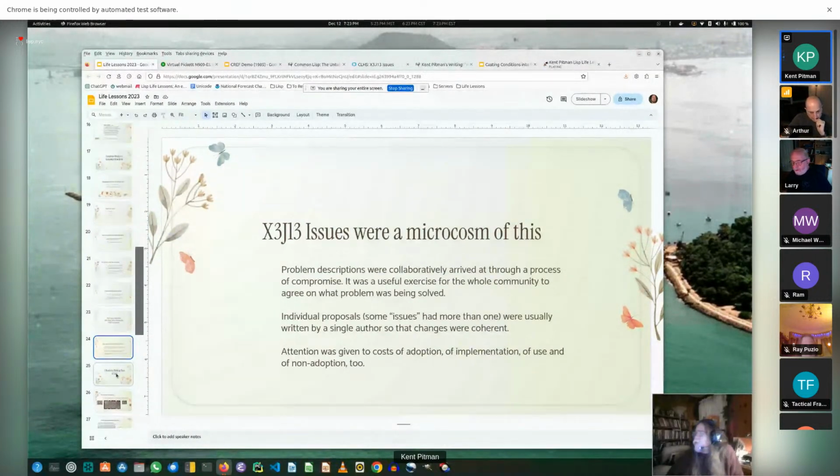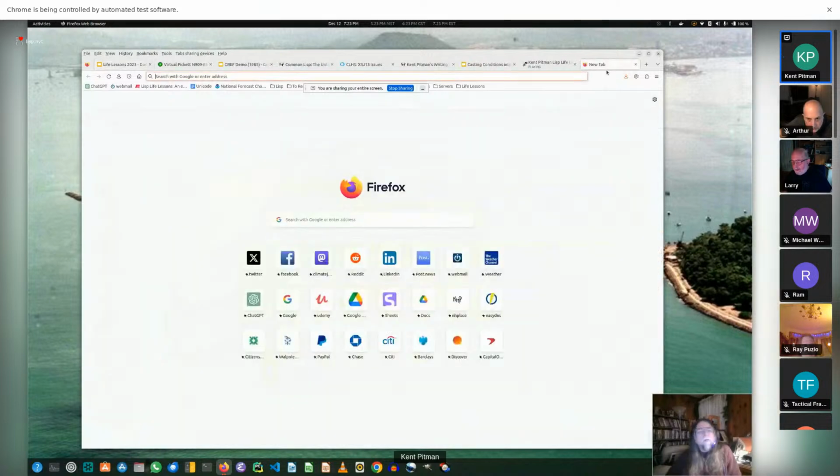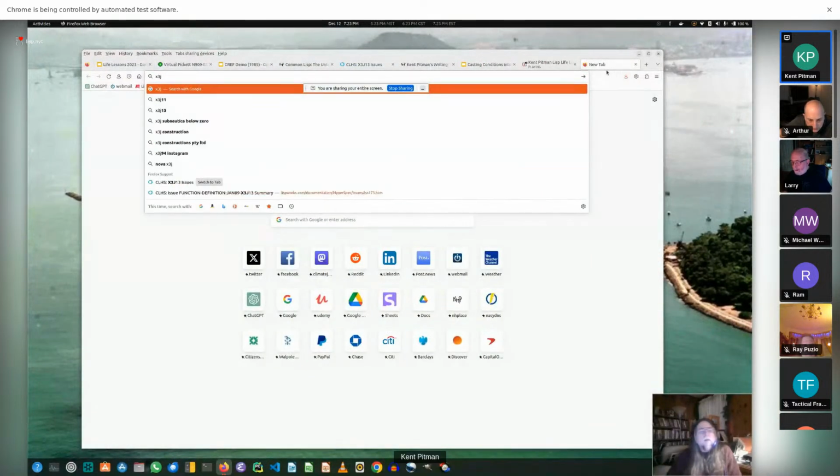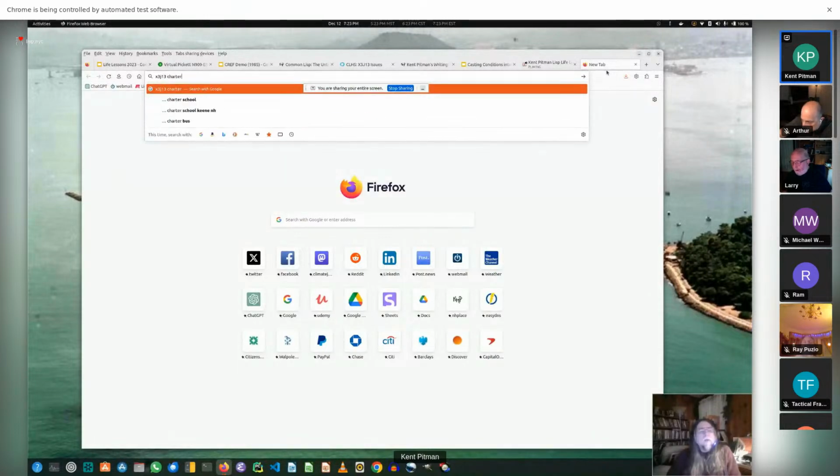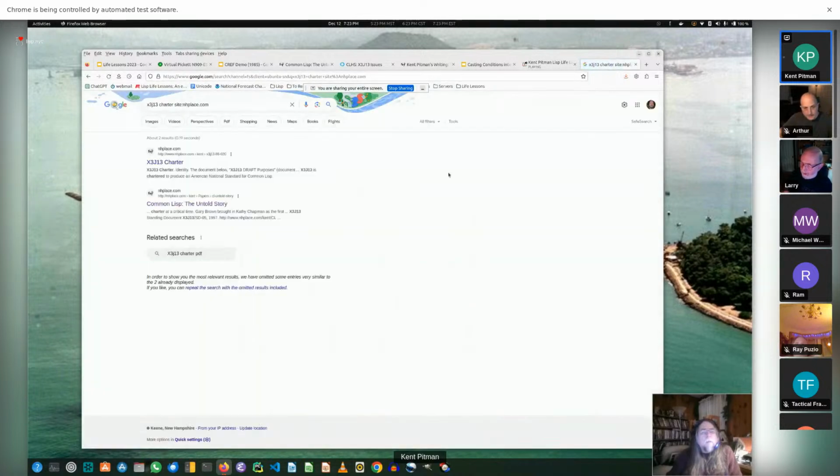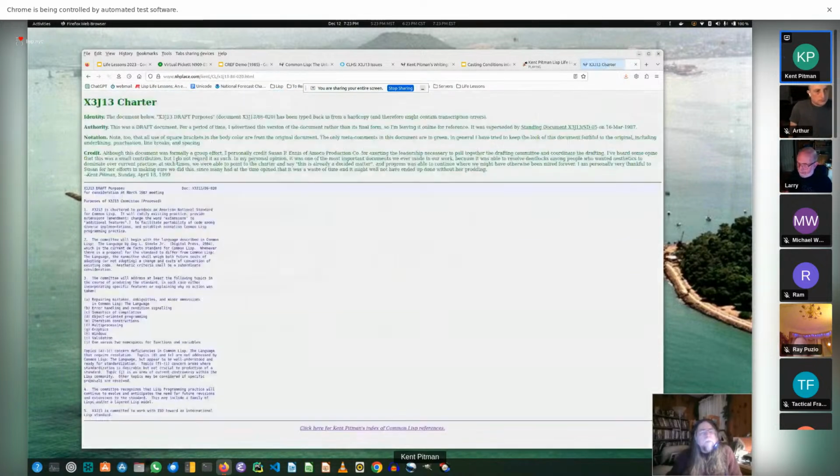I also give credit to Susan Ennis for doing the charter. I don't have the X3J13 charter here. But this was the charter.